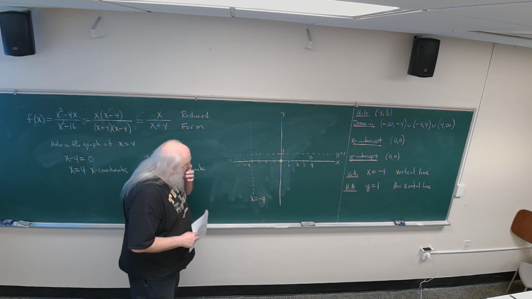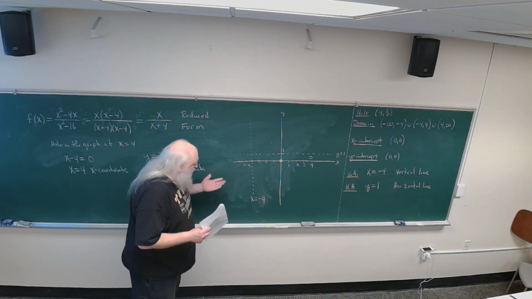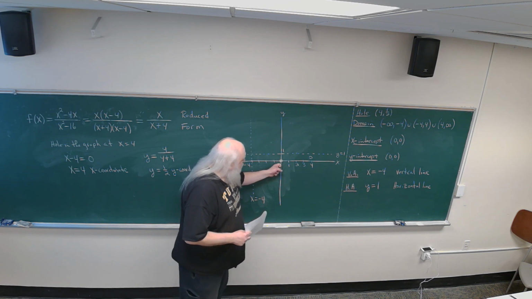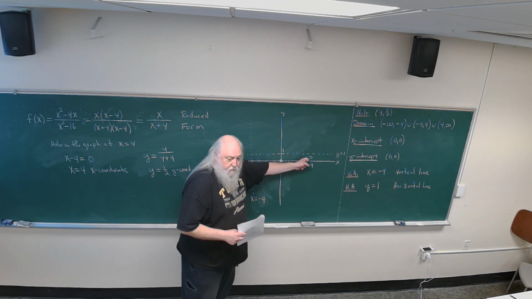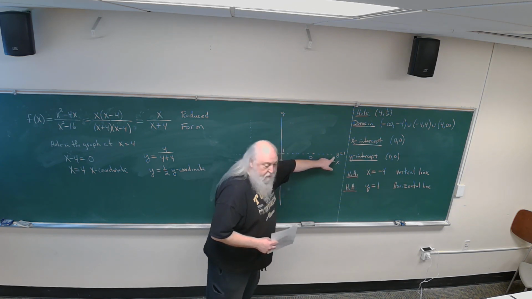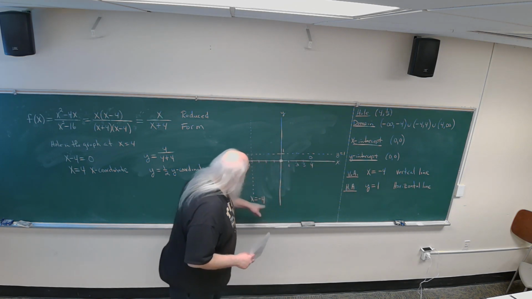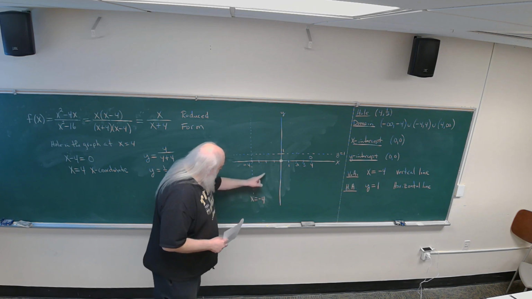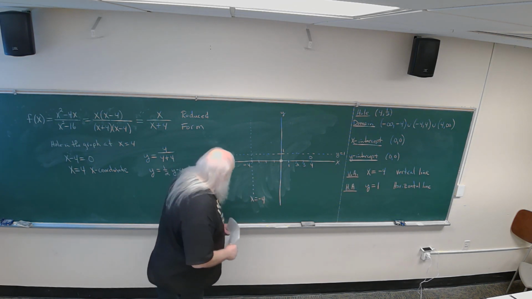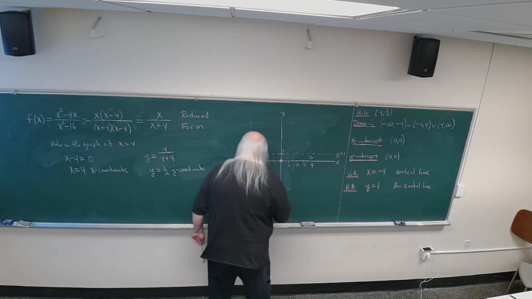Now here is what the deductive reasoning says: the graph is going to go through this point and connect to this open circle. So it's going to go out here to the right below the horizontal asymptote, and I'm suspecting it's going to go down to the right of the vertical asymptote. Okay? But we can test this.